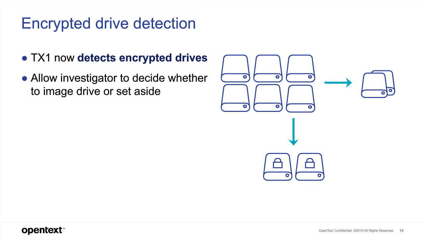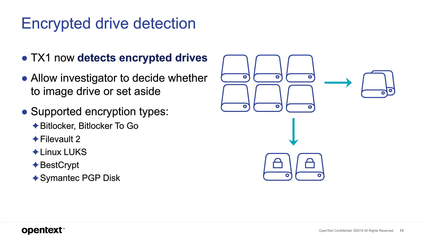Either way, it's good to know that now TX1 will detect and report on, both for source and destination volumes, the presence of BitLocker, BitLocker to Go, FileVault 2, Symantec PGP Disk, LUKS, which is popular within the Linux community, and BestCrypt. We plan to add to this list in future firmware updates, so if you have a favorite, or a least favorite if you're working an investigation with encrypted volumes, please give us your input.